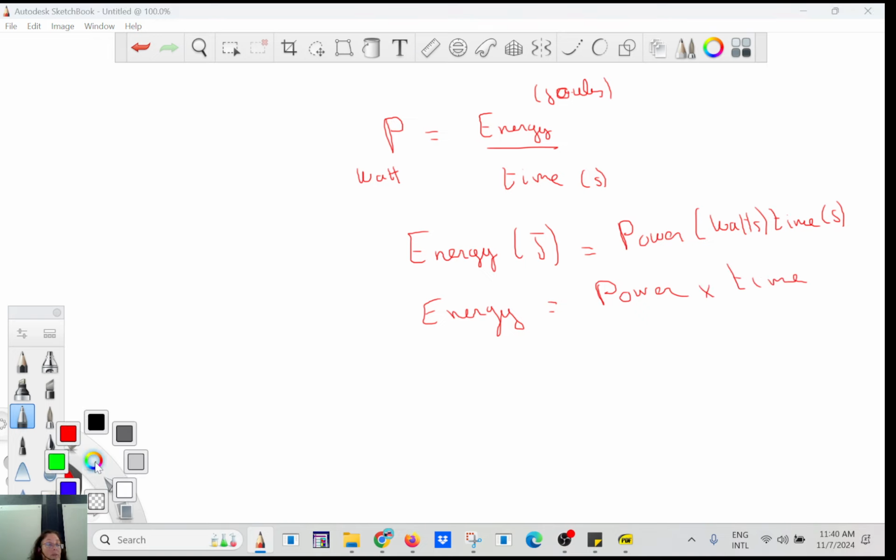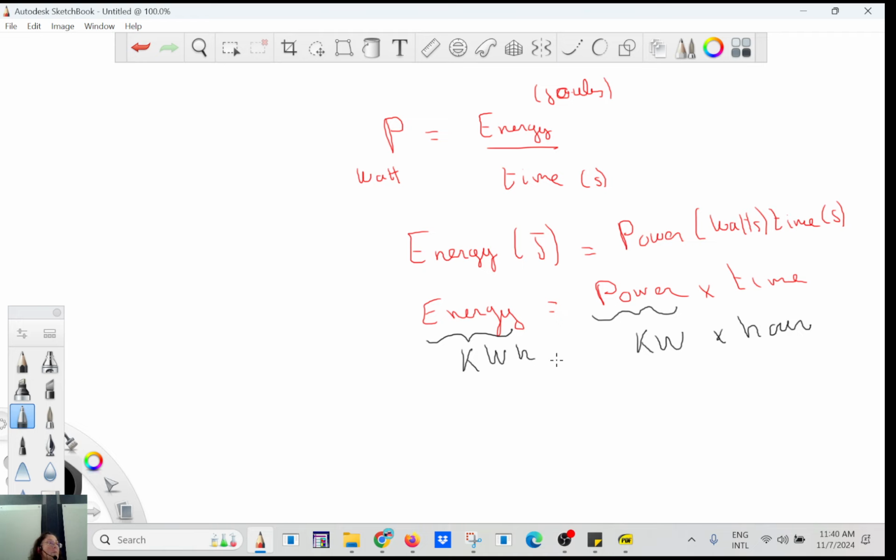Now I can use a different system of units if power is in kilowatt, and now the time is in hour. So energy will be in what? Kilowatt hour.